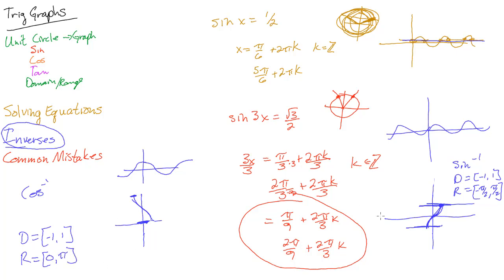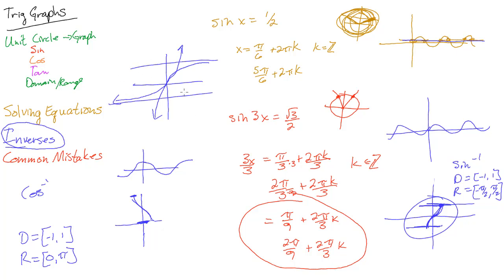Yeah, that's right. And tangent actually has this exact same thing. If we remember what tangent looked like, tangent looked like this, going up. And then it had a vertical asymptote and it did it again and again. So inverse tangent, if we switch that, goes like this, with an asymptote here and here. So on tangent inverse, the domain is all real numbers.